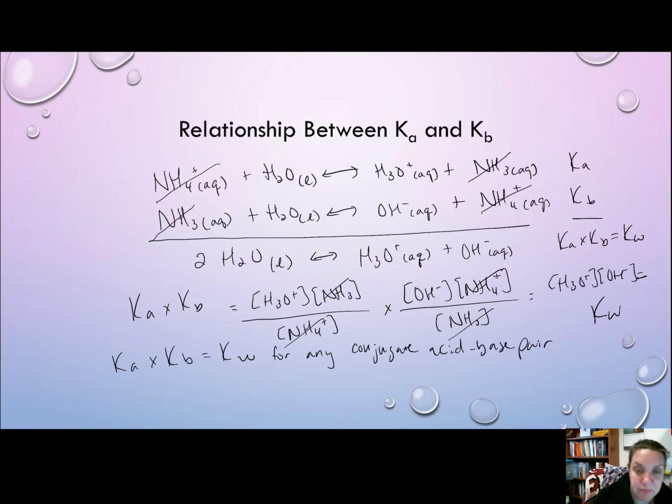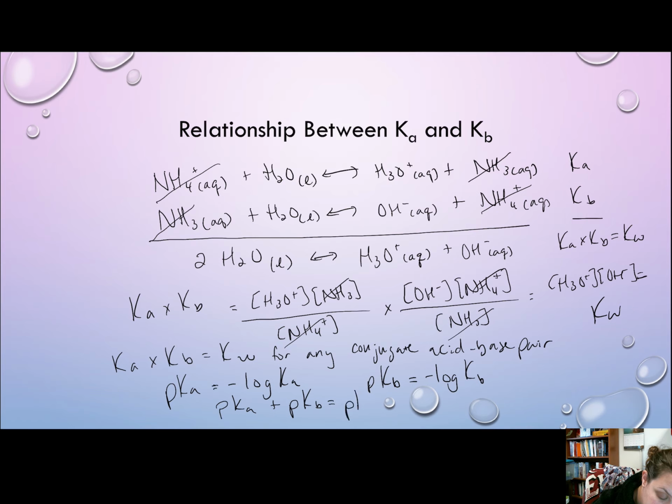Also, if we were to manipulate this a little bit, remembering that pKa equals negative log Ka, and pKb equals negative log Kb, we would get pKa plus pKb is equal to pKw, which is equal to 14.